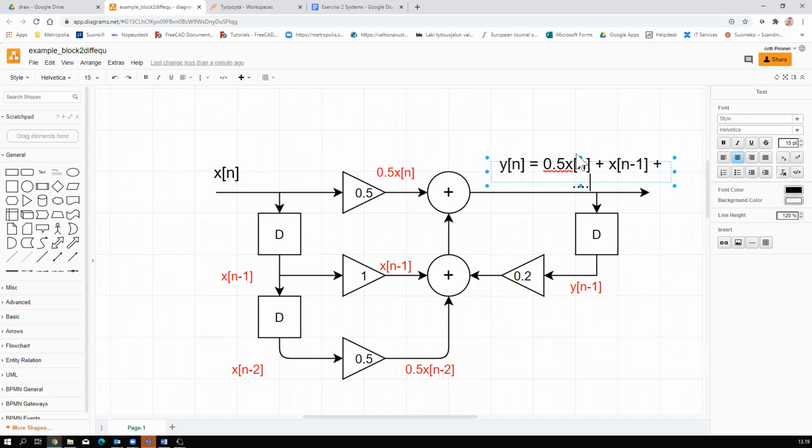So you practically just follow the signal, and you can little by little form the equation. So, and that's the difference equation for this system.